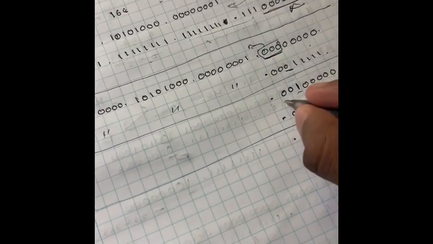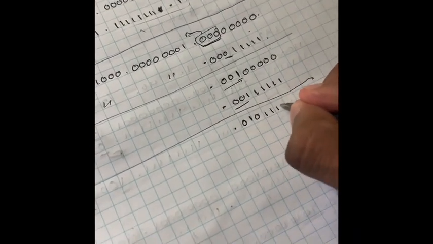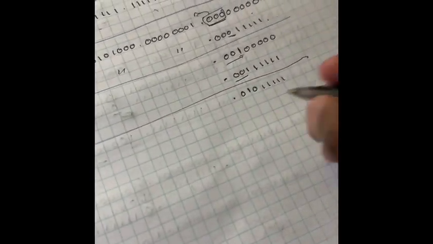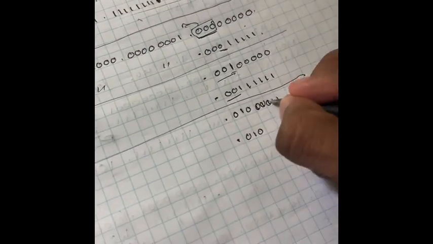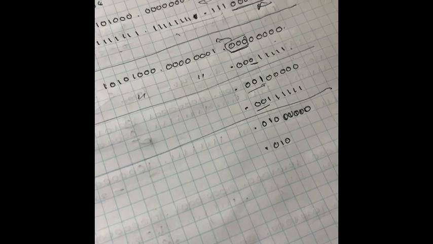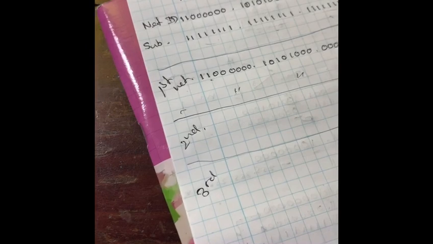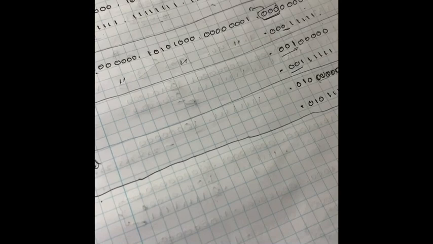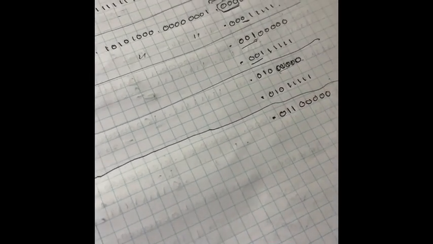And when this changes again, the next one will be 0 1 0 1 1 1 1. So that's the start of the third network. And again, keeping that the same, all 5 others changing to 1s, that's the end of the third network. Again changing 0 1 1 0 0 0 0 0, that's the start of the fourth network.